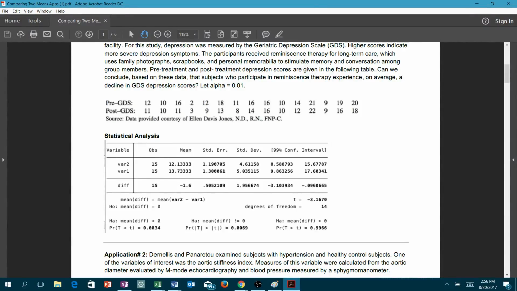So we're rejecting the null, which shows again that the result is significant. Okay. Yeah.